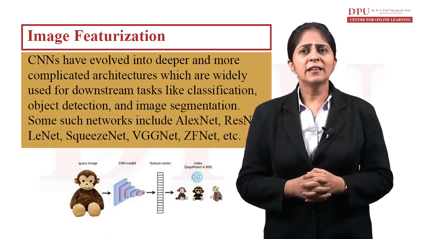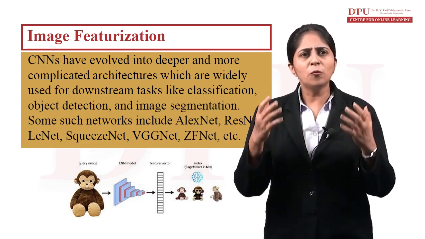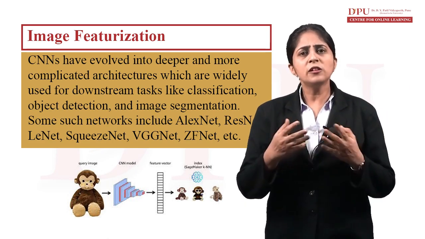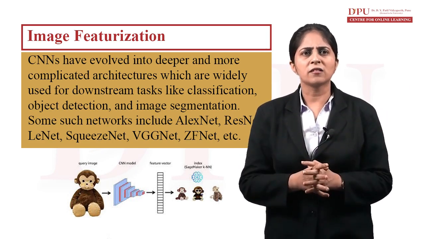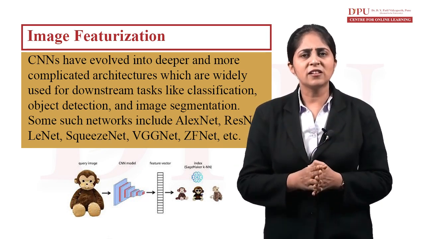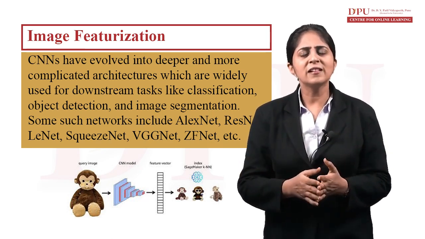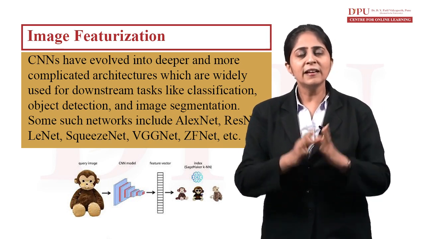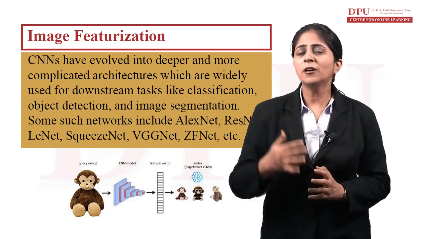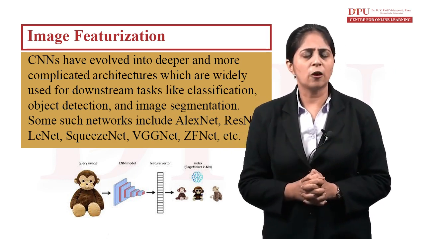So CNNs have evolved as the most sophisticated architectures which are used for downstream tasks, like classification, object detection, and image segmentation. Like we have seen previously, if an image is provided to us, there can be a number of things that can be performed on it.